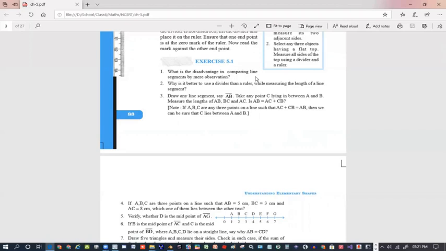Even if you use a ruler and try to measure it, with the angle shift, it can give inaccurate readings. Okay, so these are the disadvantages of comparing line segments by mere observation.